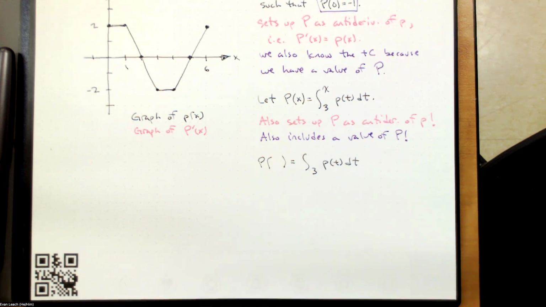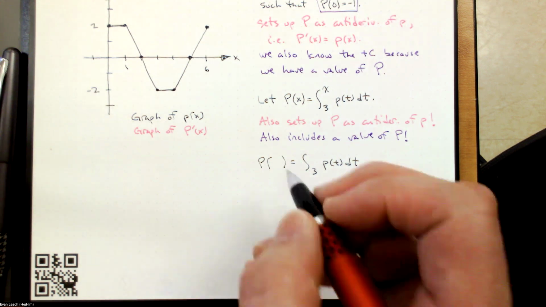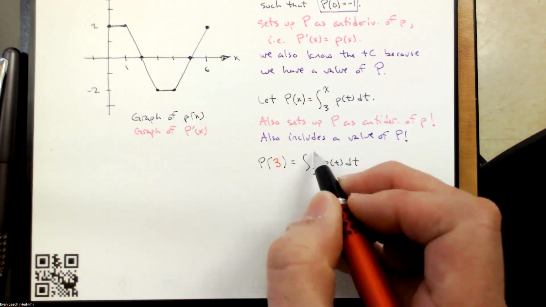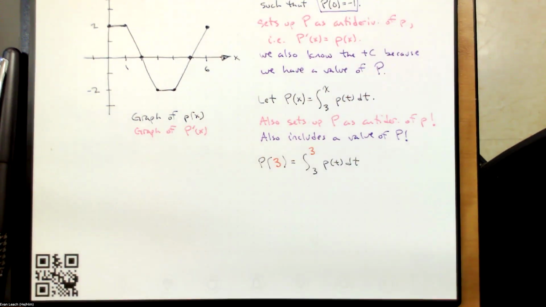This is how we evaluate this function. So if I wanted to know, for example, capital P of something easy, let's say capital P of 3, I want the integral from 3 to 3 of little p of t dt.